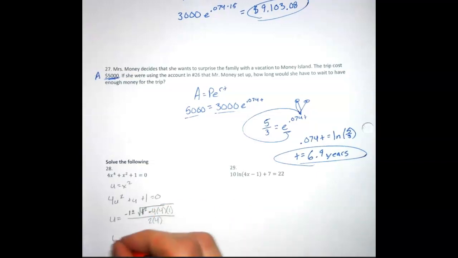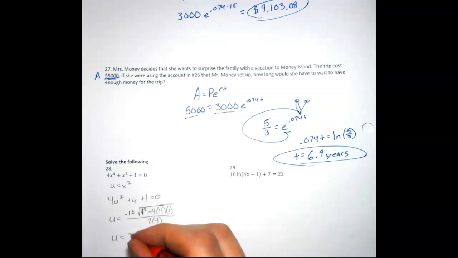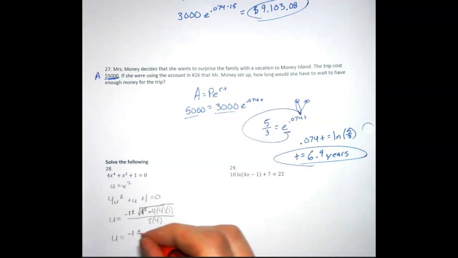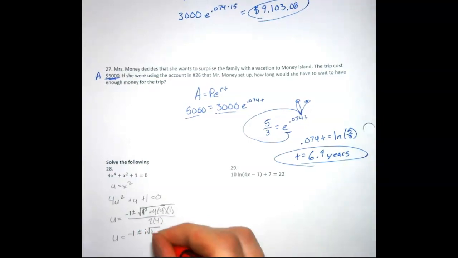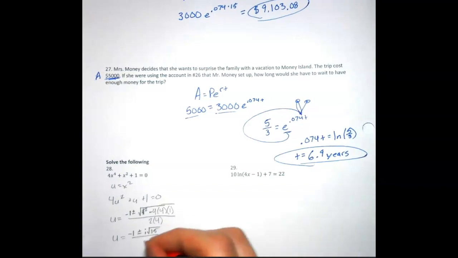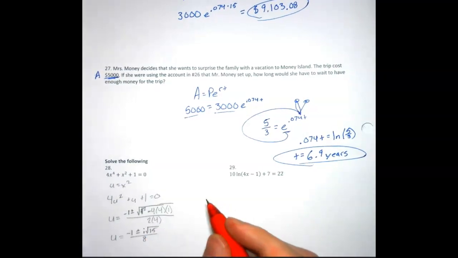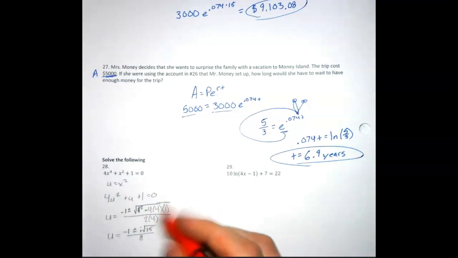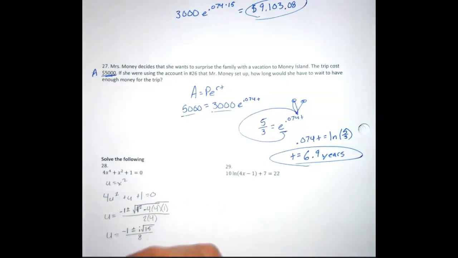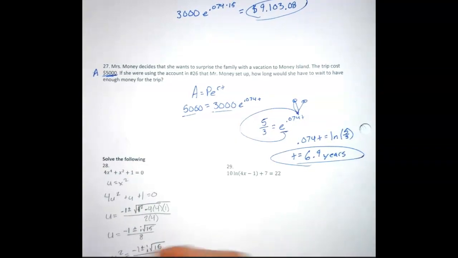So when we simplify this down, we'll have u equals -1 plus or minus i square root 15 over 8. And now, because that is just going to be the x squared, x squared equals that -1 plus or minus i square root 15 over 8. It's 15 right there.